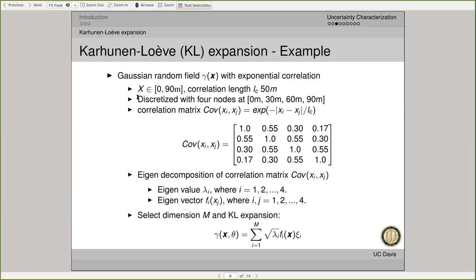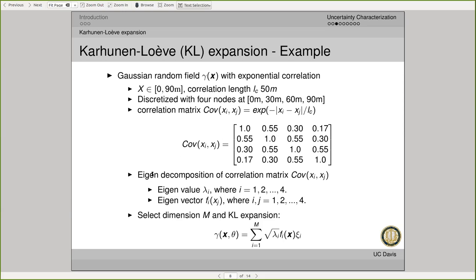And in order to perform the KL expansion, we need to discretize our random field. So here we will initially discretize our random field at 4 different nodes. Essentially, we now discretize this random field into 4 different random variables at 4 different locations. By the formula of the exponential correlation, we can get the correlation matrix of this random field.